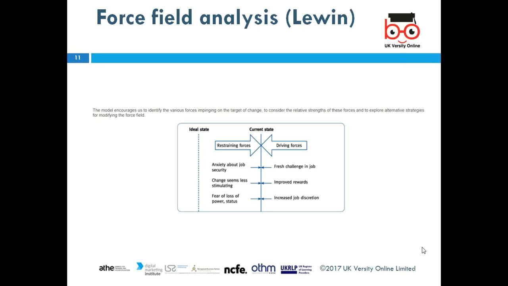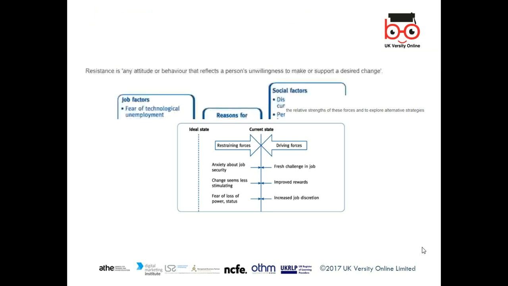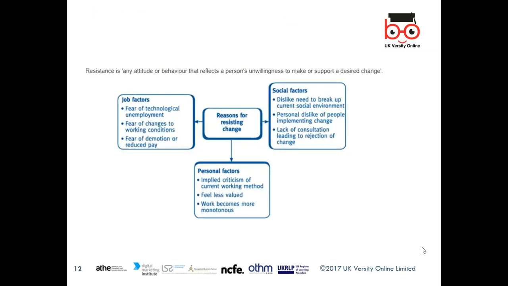So we need to look around this force field model. Some forces are against the change and some forces are the driving force to work on. So when we're looking at what types of forces are against, we need to address them. Job factor, fear of technology, any technological changes, unemployment.